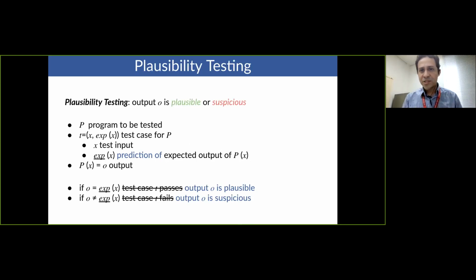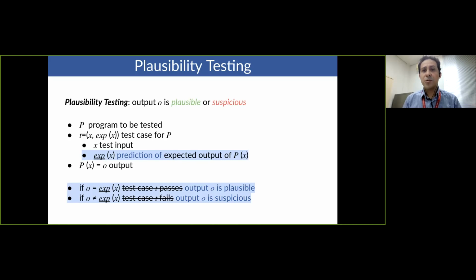So here we have again the previous slide for traditional testing with just a few adjustments. While we cannot determine the exact expected output behavior of P for input X, we can still, for some cases, have a prediction of the expected output of P given X. If we can do that, then after observing test execution of P, if the actual output matches with the predicted output, we say that the observed output O is plausible.